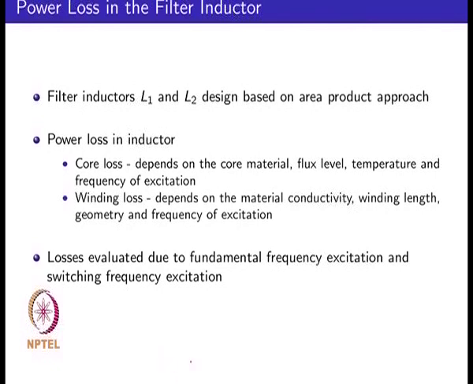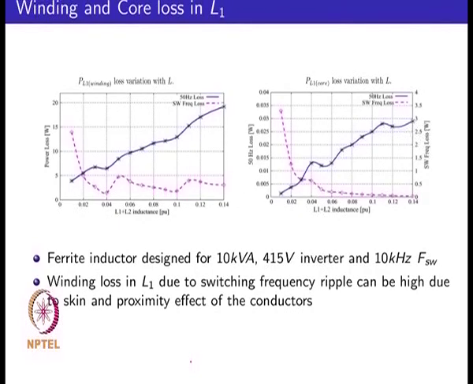So, if you look at the filter inductor L1, this is an example of a 10 kVA 415 volt inverter switching at 10 kilohertz. What is shown in these figures is the power loss in the inductor L1.